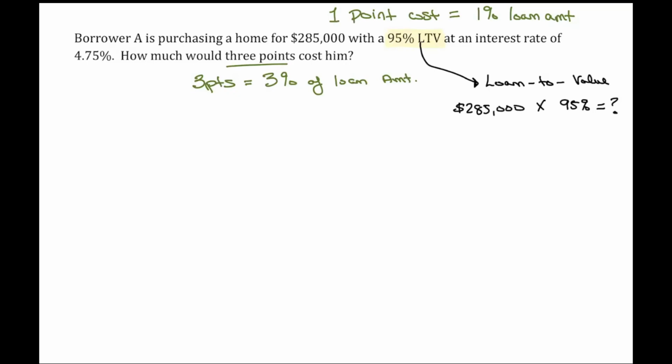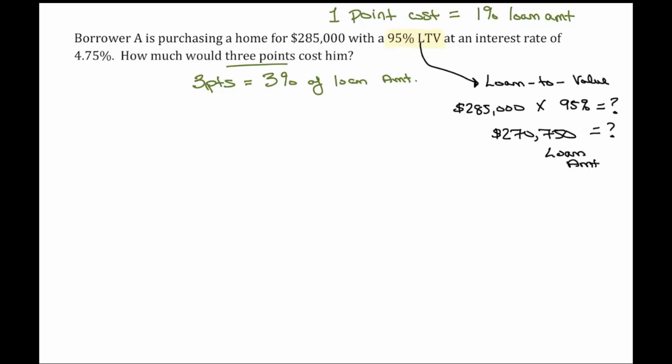So we're going to do 285,000 times 95%. What did you get in your calculator? One second. 270,750. And that is our loan amount.